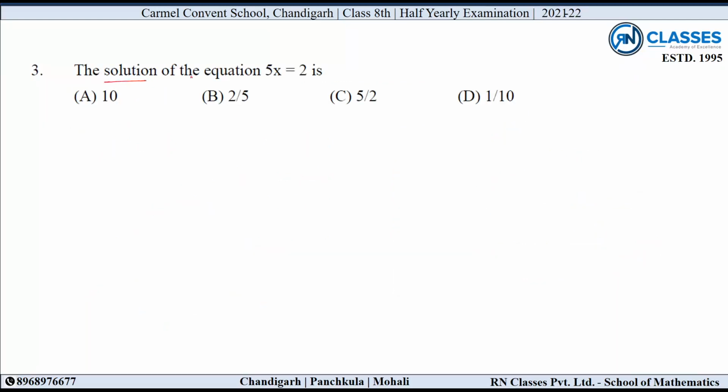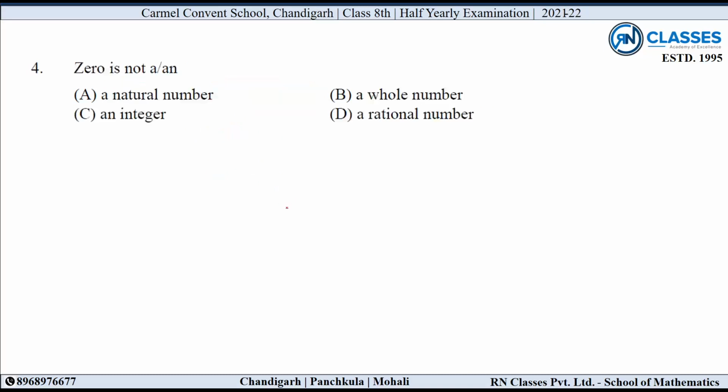The solution of equation 5x equal to 2 is, okay, 5x equal to 2 means I have to solve for x. So 5 would go to the denominator on the other side. So x is equal to 2 by 5. Answer is B part. Actually a 5-second question and 1 mark in your bag.